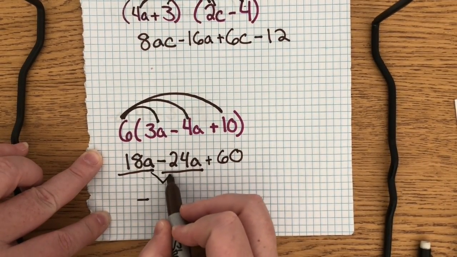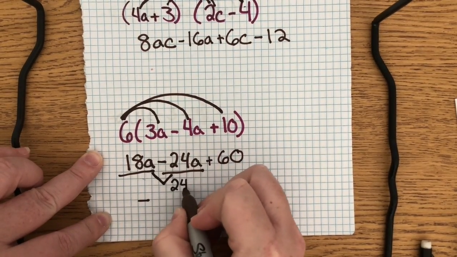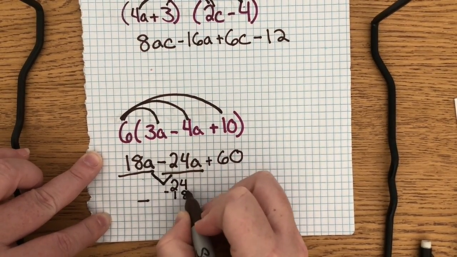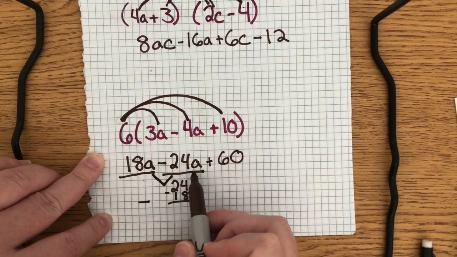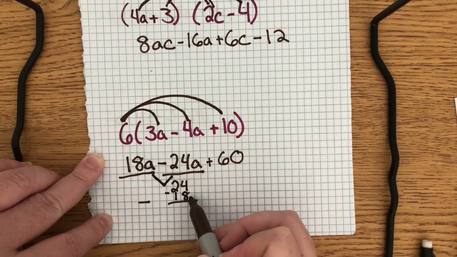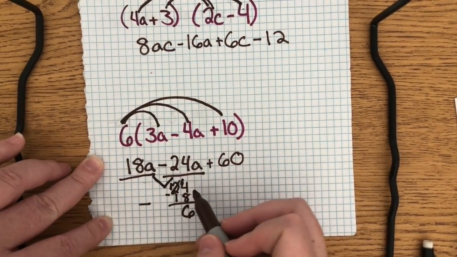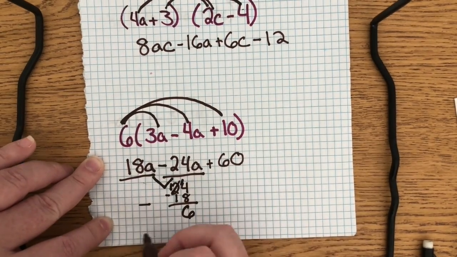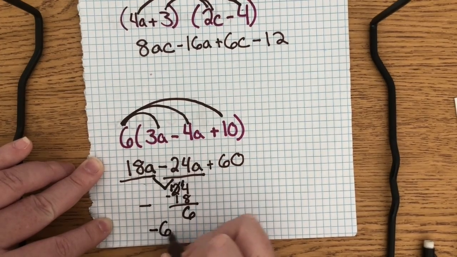Another way to think of this problem, it's the same as 24 minus 18. If this is confusing, just put it as a simple subtraction problem. So 24 minus 18 would give me 6. Well, in my equation, it's going to be negative 6a.